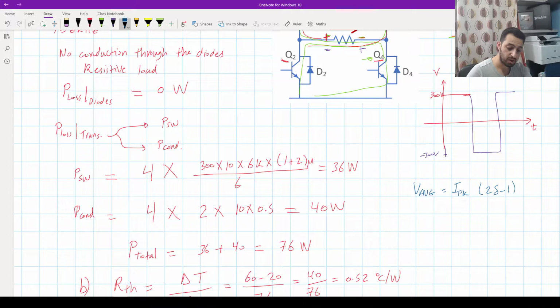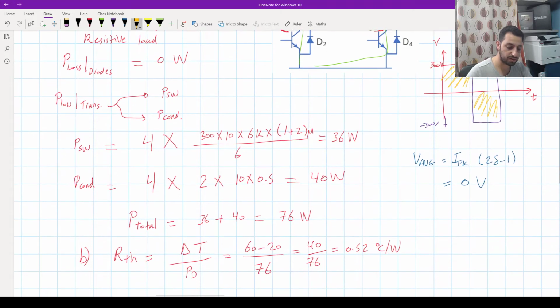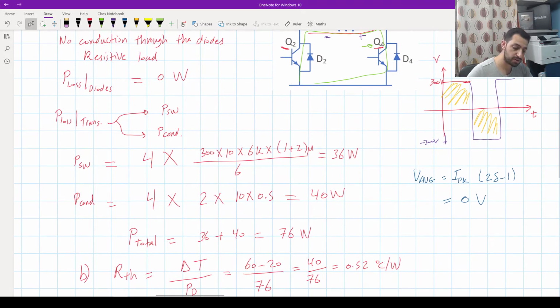If you use that equation, you will come up with 0 volt average. Second thing, if you look at the area here and area here, it will be 0 because they are symmetric. So in both ways you will get 0 volt average, but the Irms value, no, it has some value which is 300 volt.